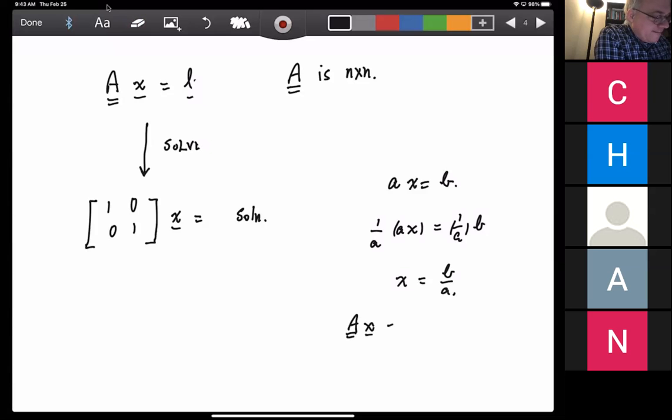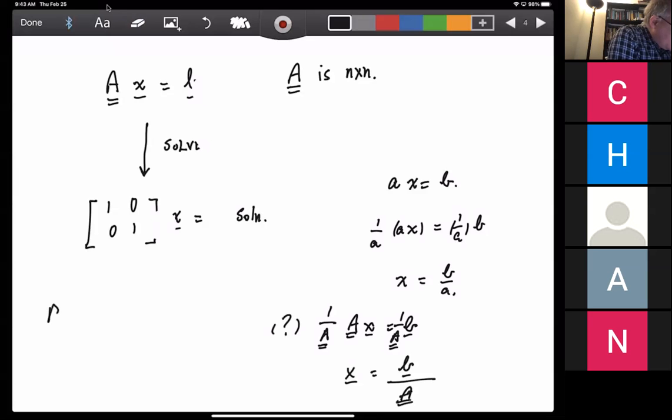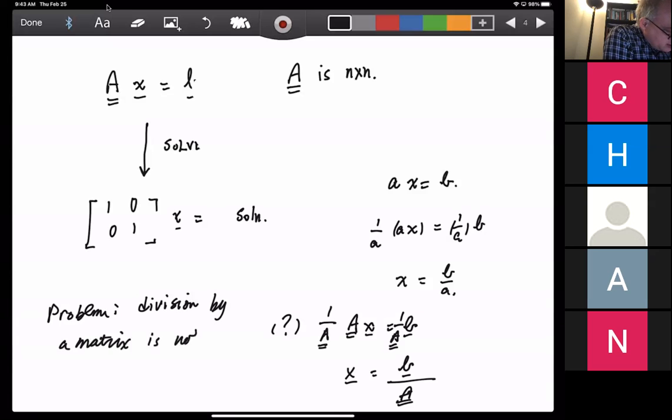However, there's no notion of dividing by a matrix. We can't do 1 over A on each side here. So the problem here is that division by a matrix is not a defined operation.